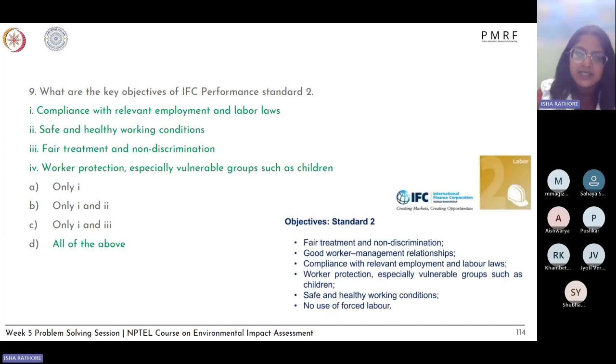So D is the correct answer. That is, all of the objectives mentioned in the options are the key objectives of the International Finance Corporation's second performance standard on labor. So D, all of the above, is the correct answer.